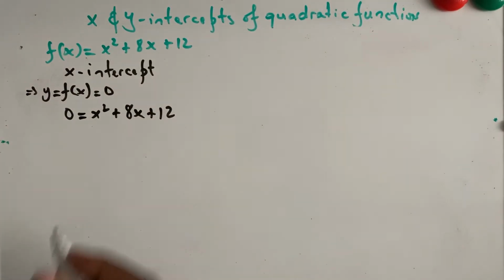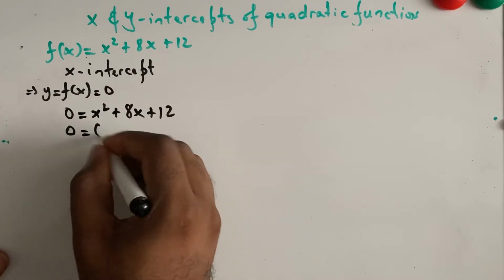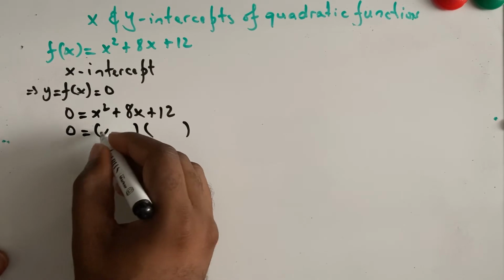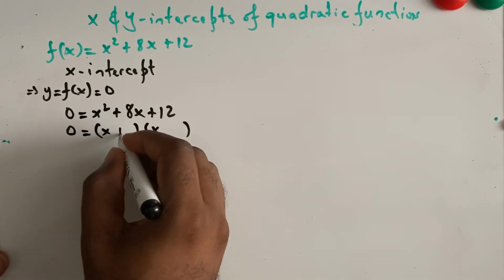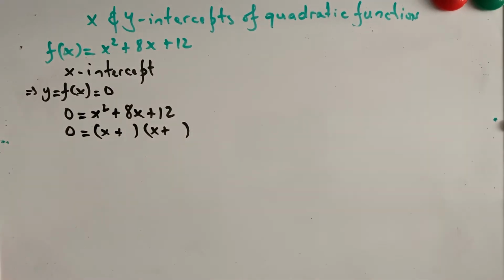Then what do I do here? This is a quadratic equation, so I need to solve it. How do we solve a quadratic equation? Well, I covered this in another video. You can solve by factoring. What if I could factor this trinomial? By trial and error, I have (x )(x ), with a plus sign, then two numbers whose product is 12 and sum is 8.